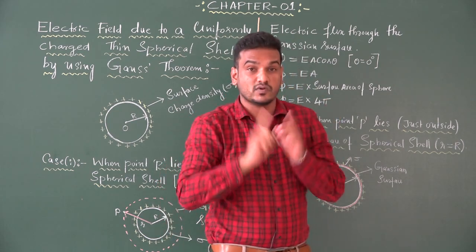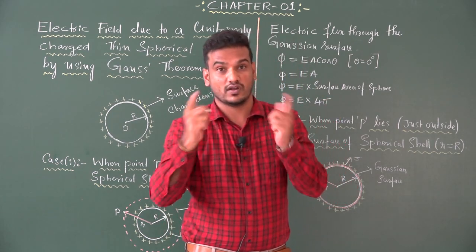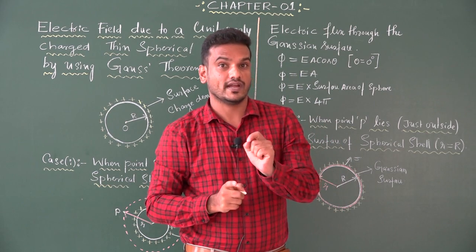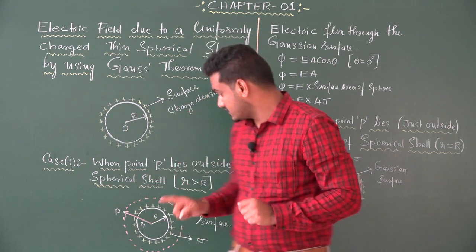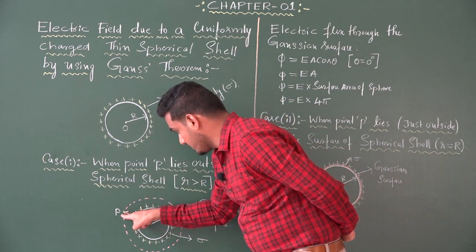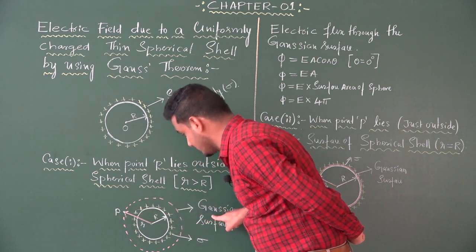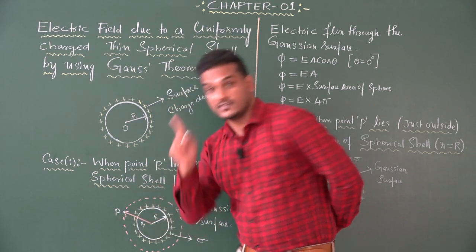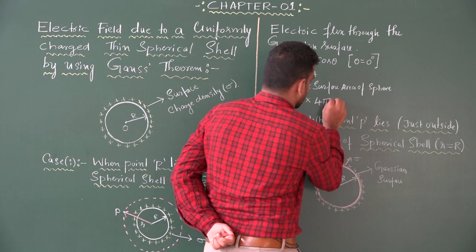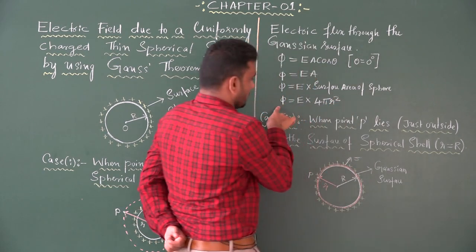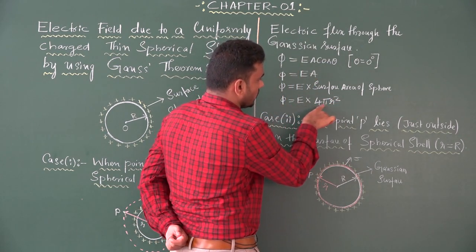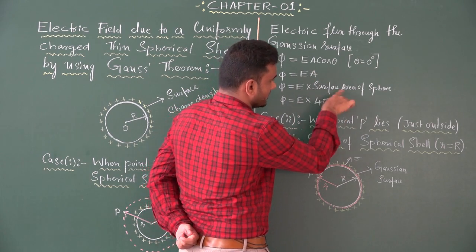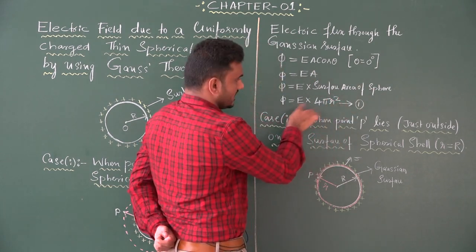Which r am I supposed to write, capital R or small r? We need to write small r. Why? Because the point we marked is on the surface of the Gaussian surface at a distance r. So I am supposed to write small r squared. So phi is equal to E into 4 pi r squared, the surface area of the sphere. We mark this as equation number 1.